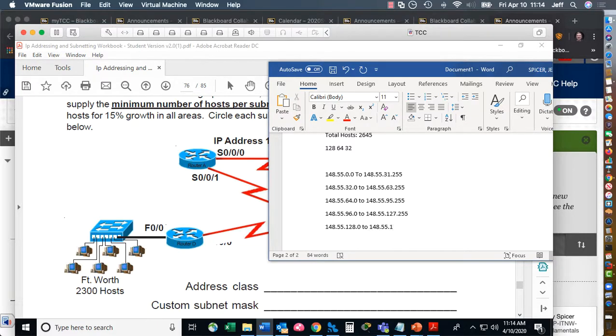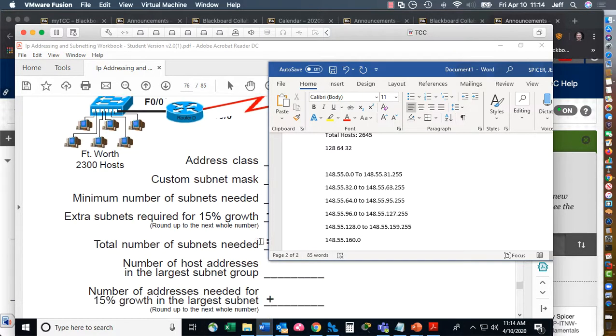So 32 is 59.255, because the next one would be 55.160.0. Add 32, but we only need 5.